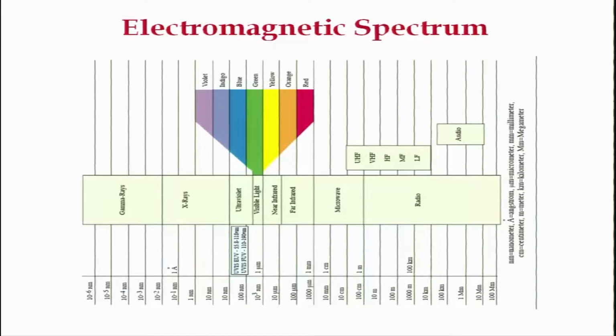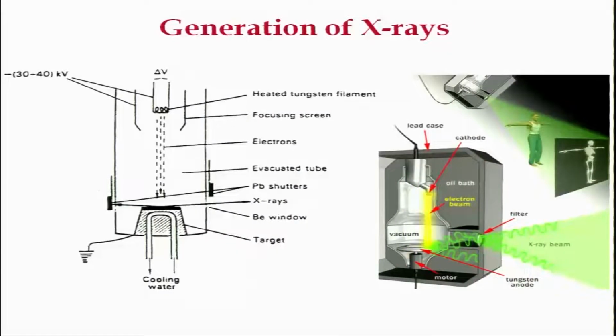So, how do X-rays get produced? This is a picture which shows you the production of X-rays. What happens in this case is you have a heated tungsten filament which is kept at a very high bias, 30 to 40 kilovolts, which is a very large amount of voltage.